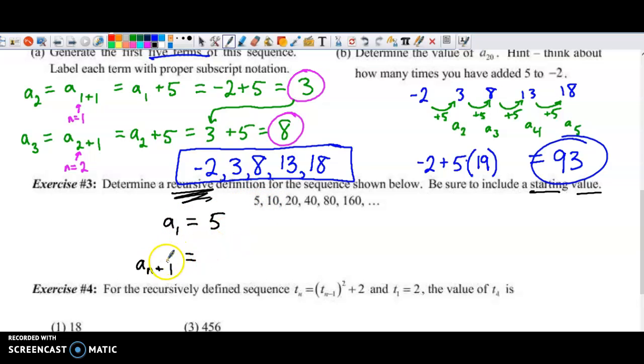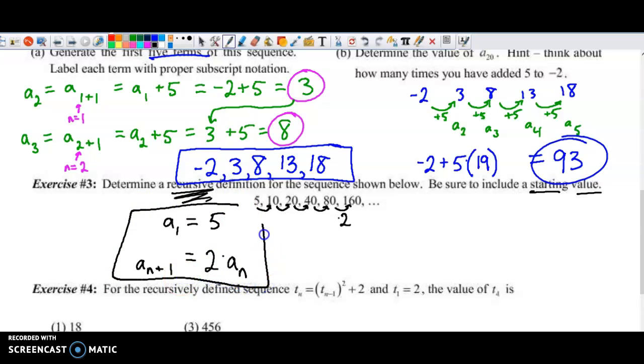And so the next term, what you have to do is think of a pattern to get from one number to the next, and it has to be the same pattern over and over again. And I hope you can look at this and see each one of these is multiplied by 2. So to write the next term, you can just take the previous term and multiply by 2. And that is what we're looking for.